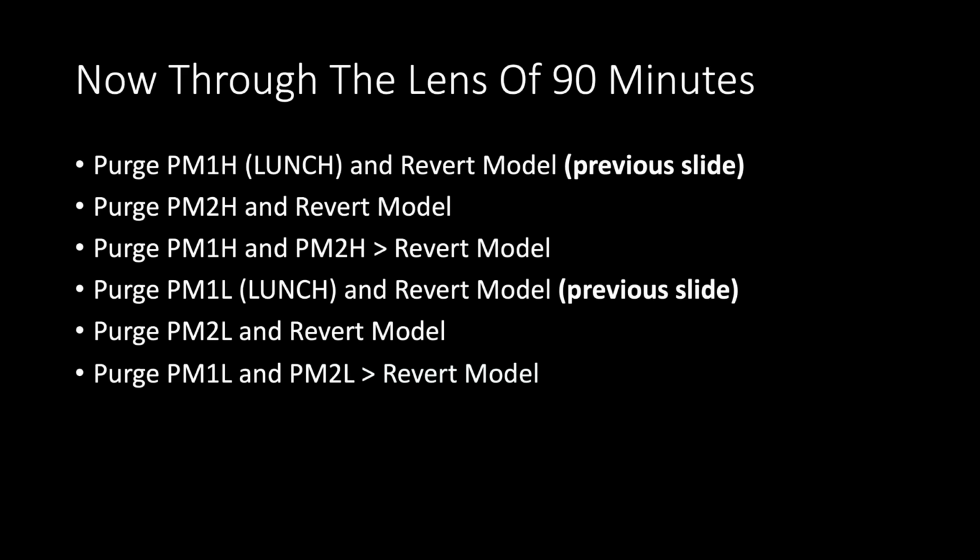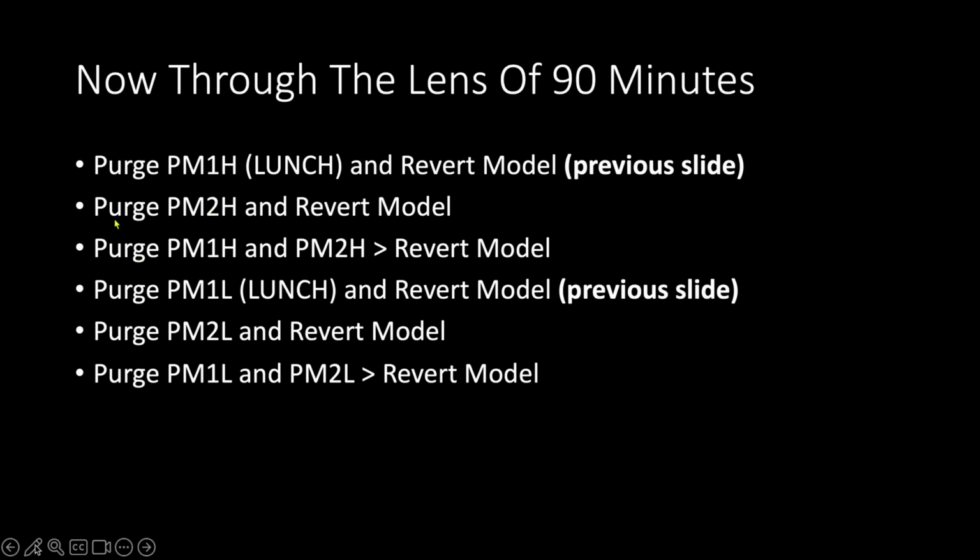So let us now take a look through the lens of 90 minutes at the PM session from a model perspective. We've already taken a look at the first section here, which was a purge of the launch high and a revert model. This was, I believe, the first slide. Then the second bullet is the purge of the second PM session's high and revert model.